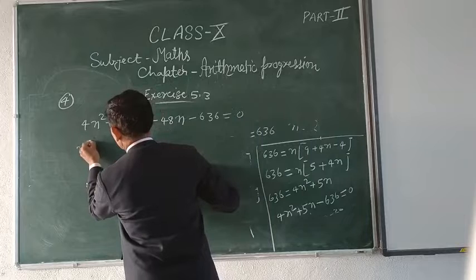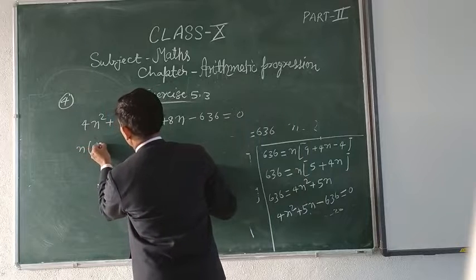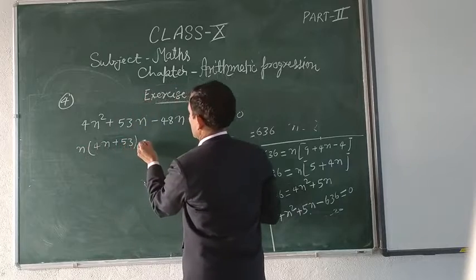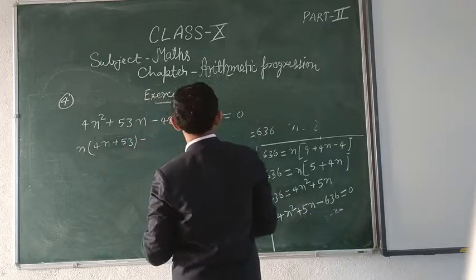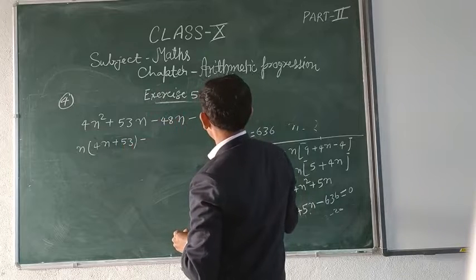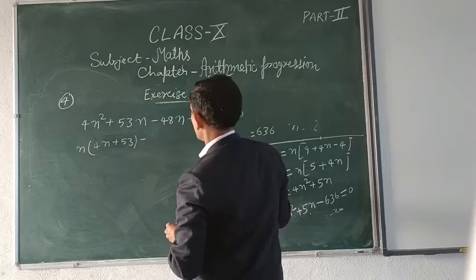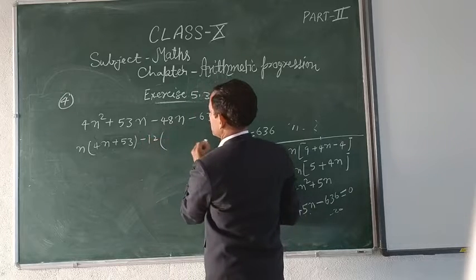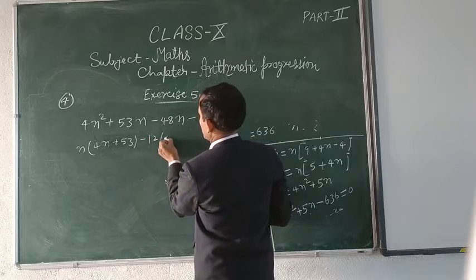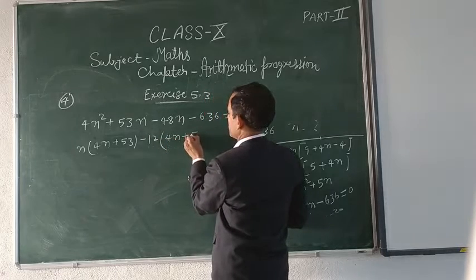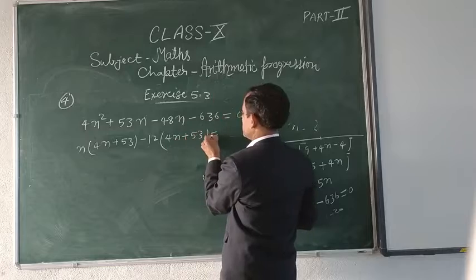Now n is common here, so 4n plus 53, and minus 12 is common, then it will be 4n plus 53 equal to 0.